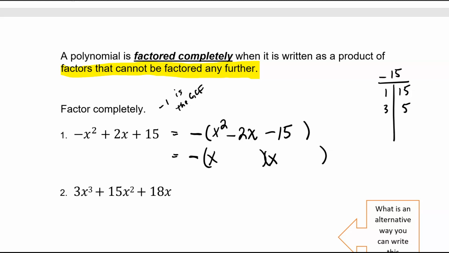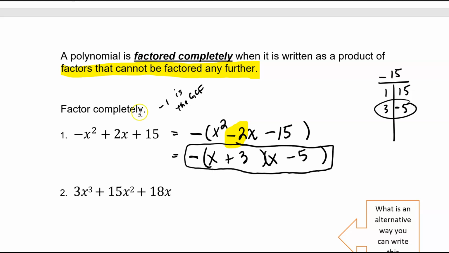Alright, if you said negative 5 would work and a positive 3, then you are right. So we have negative parenthesis x plus 3 times x minus 5, since 3 plus a negative 5 is negative 2, which is what we get here, because we already factored out a negative 1. Okay, so our final answer is this.